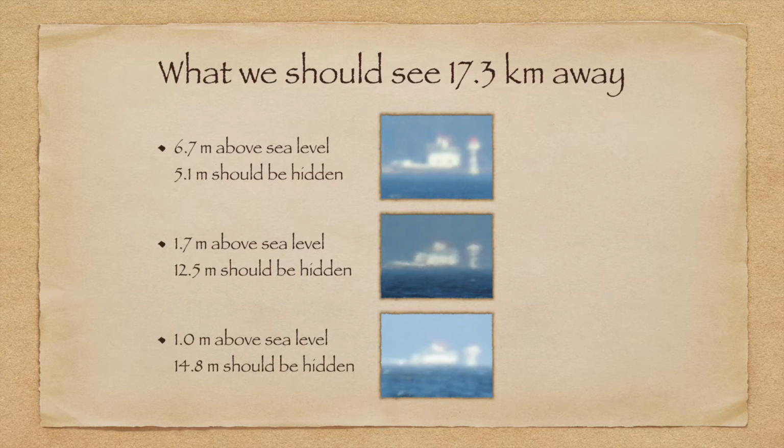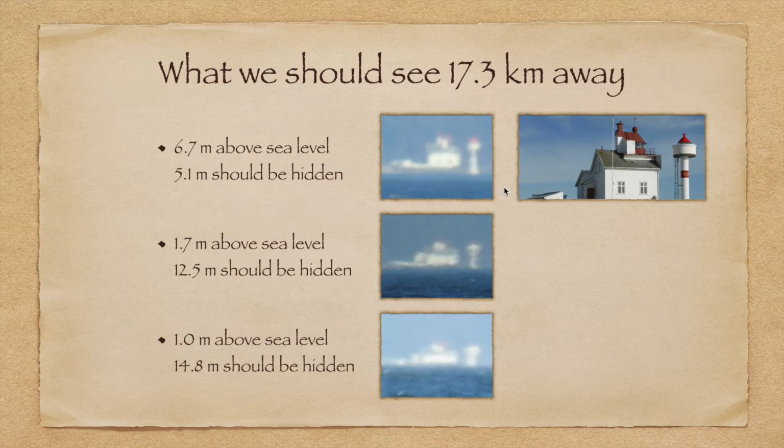So at the car park, 6.7 meters above sea level, 5.1 meters should be hidden according to the Earth's curvature and the curvature calculator. So this picture is what I observed, and this is what I should see when I subtract 5.1 meters, because I know that the lighthouse is 14 meters high, and it's standing practically at sea level.